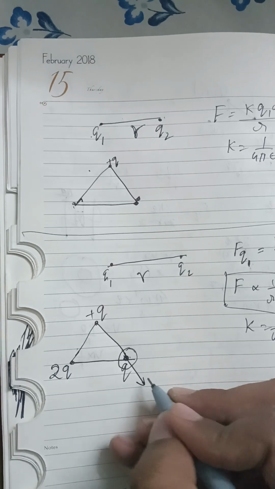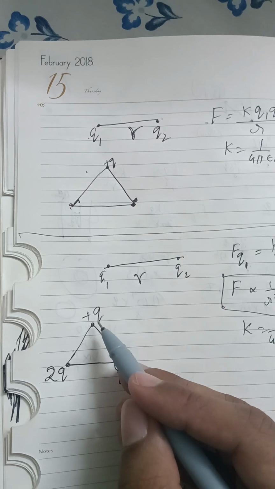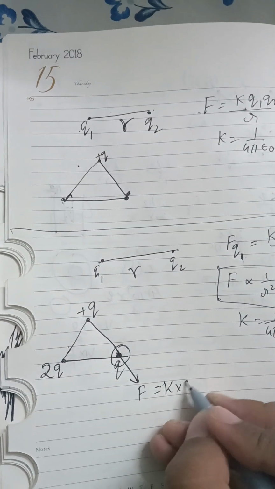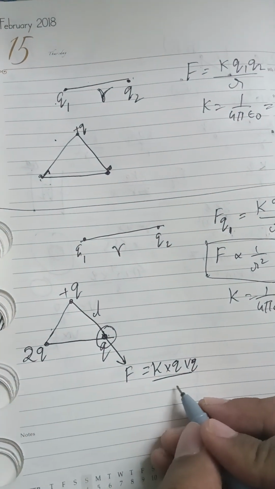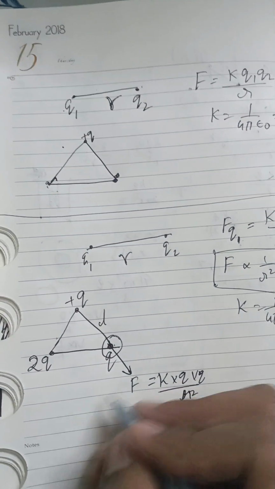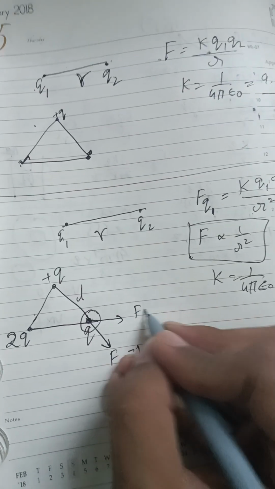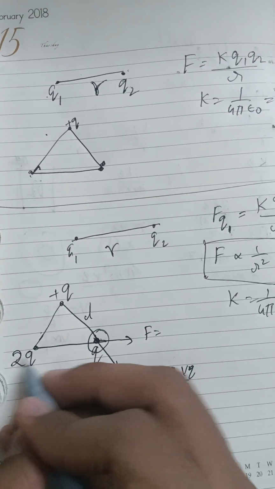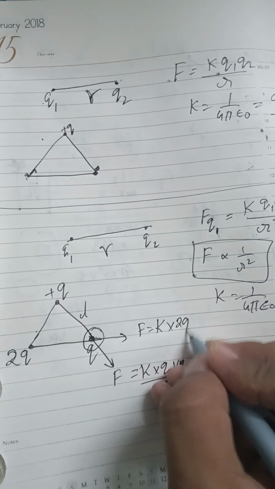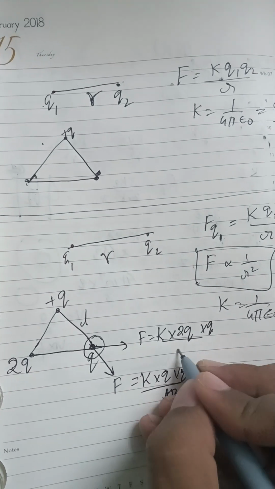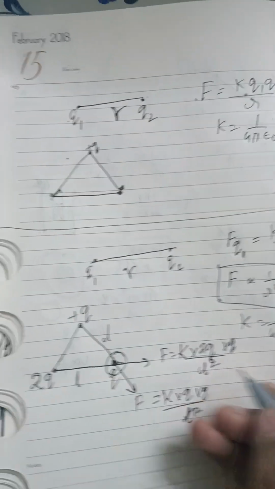Like straight line, this force will be this charge into this charge, that is k into q by, suppose this distance is l square, and the next force would be this. For this force, F is equal to this charge into this charge, k into 2q into q by l square. It is an equilateral triangle, so this is also l square.